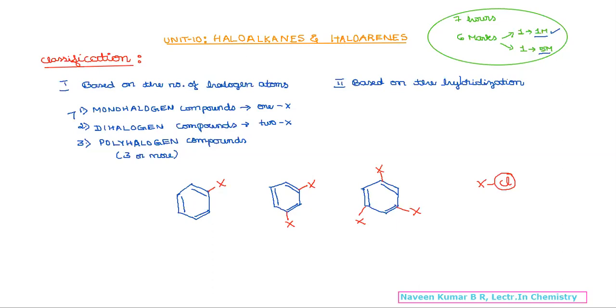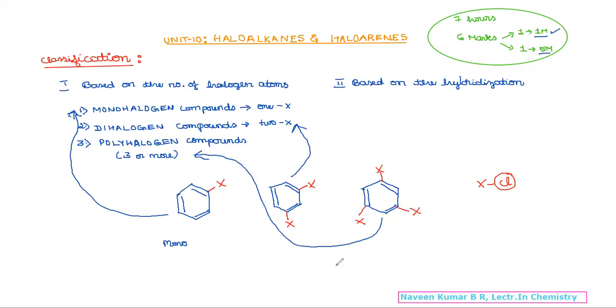So we can consider the first example as a monohalogen compound, as it contains one halogen atom, and this one contains two halogen atoms, and this one contains three halogen atoms. A monohalogen, dihalogen, and this will be a trihalogen compound.